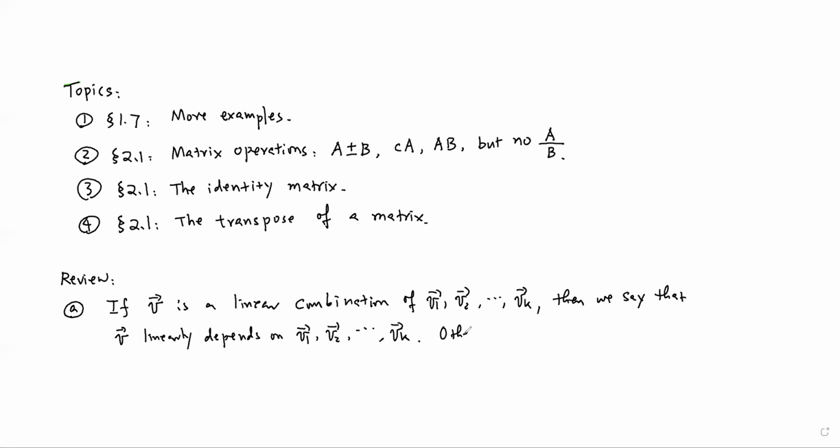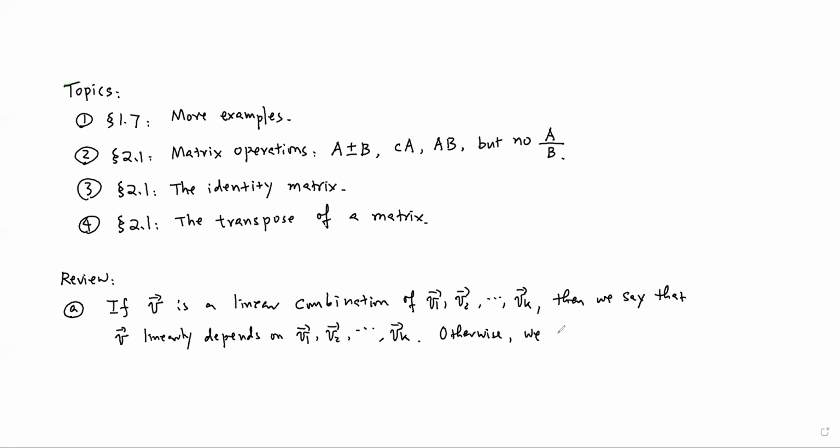Otherwise, if you cannot write vector v as a linear combination of these k vectors, we say that vector v is linearly independent of the k vectors.